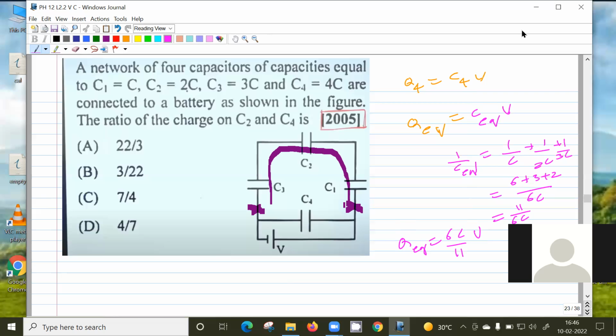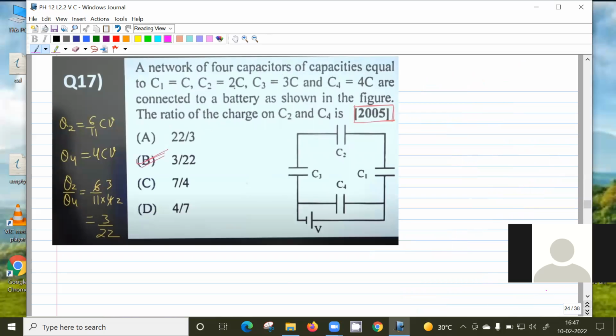And this C4 is 4C, right? 4C into V. So Q2 by Q4, Q2 is 6C/11, so 4, that is 3. Option B.